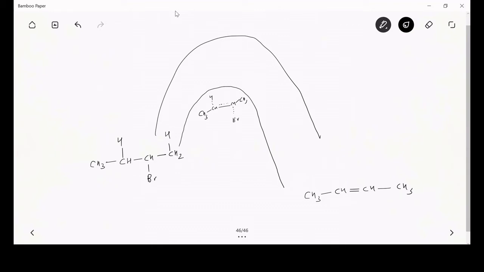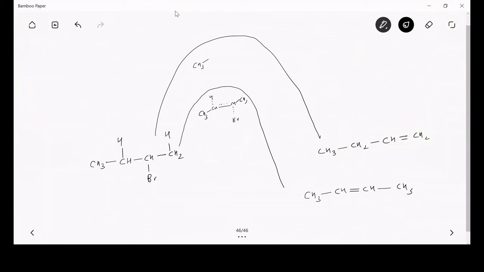Another path will give you the second product, which is the minor product. And the transition state corresponding to that product will also have higher energy because it is less stabilized.